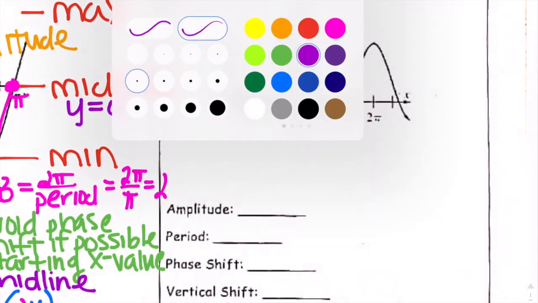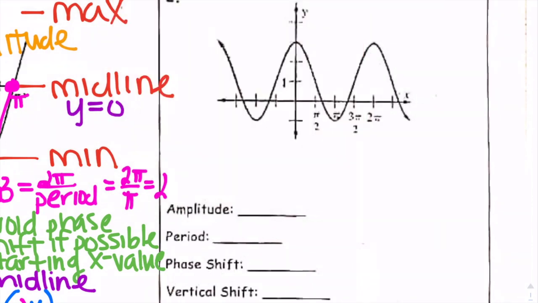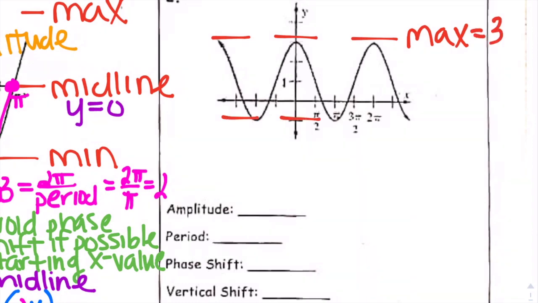So number 2 over here, we're going to start by identifying our maximums and our minimums. So we have a max here at 3. We have a minimum here at -1. This distance is 4, and so we want to be in the middle of that.